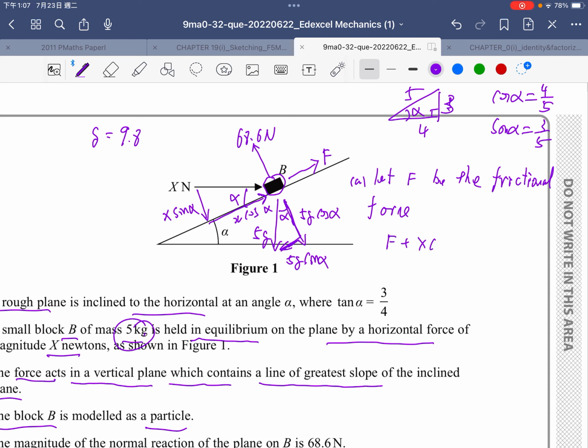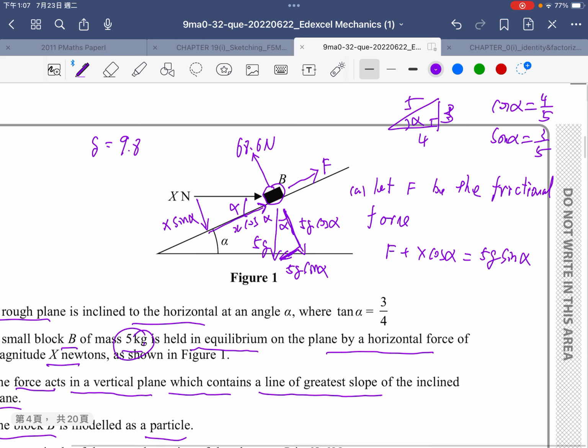F plus x cosine alpha equal to 5g sine alpha. Then I put the values into the equation.